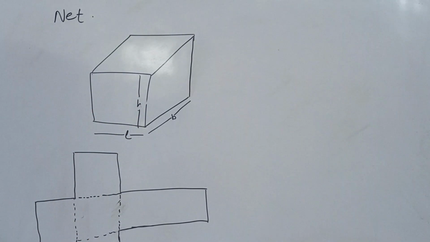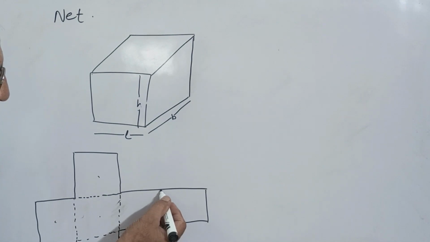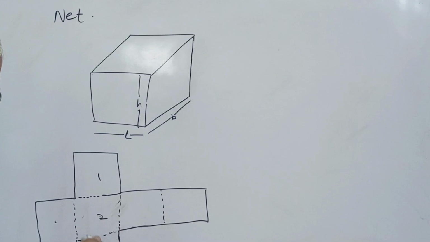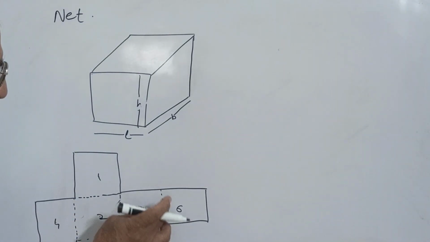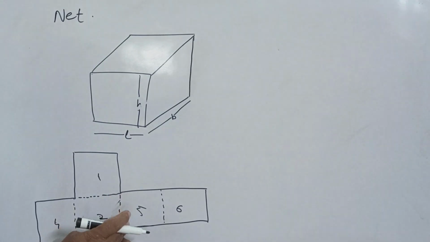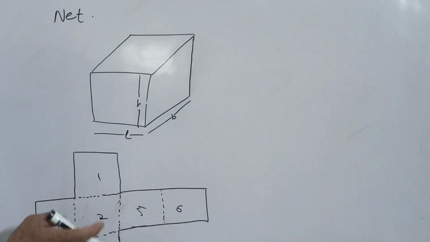You see, I've already made 4 faces, 1, 2, 3, 4, and the rest of 2 faces are there. 1, 2, 3, 4, 5 and 6. Now if you keep on folding it from the crease, from this dotted line, it will again become a three-dimensional figure, which is a cube.